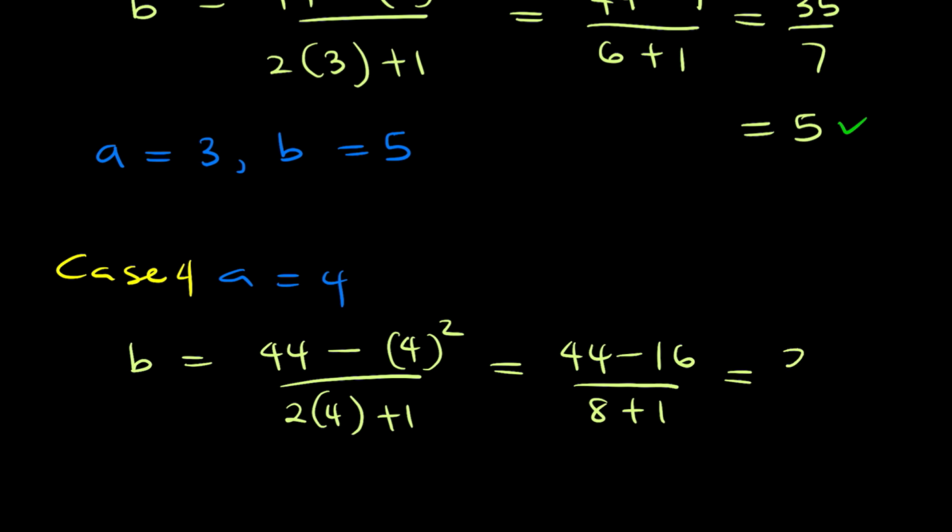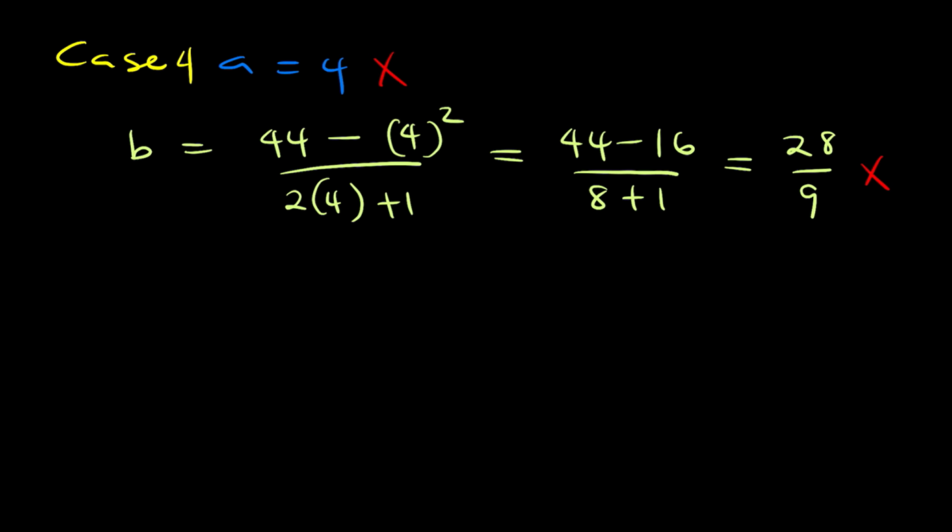This would give us 28 divided by 9. We are going to reject this because although it is positive, it is not an integer. This does not divide exactly. It gives us a decimal value, as 28 divided by 9 is 3.1111. So we reject this case as well and quickly go on to case 5.